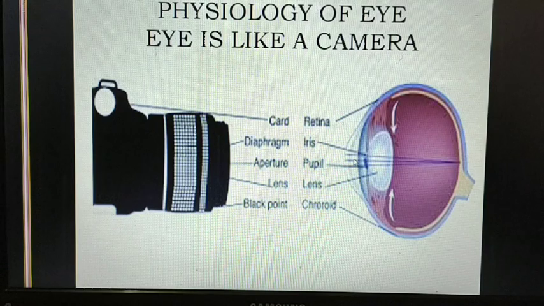The lens focuses the light on retina, which is the film. The image formed is an inverted image, then it is reversed.